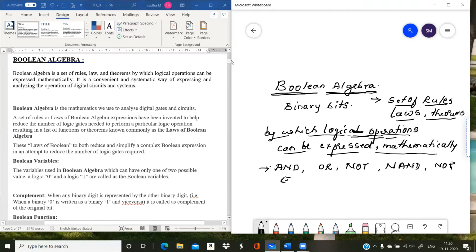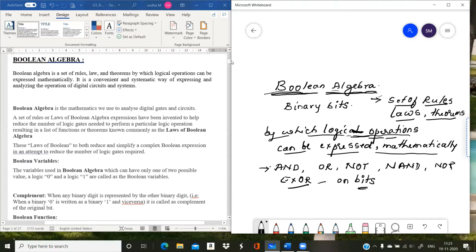Like this, we can perform any number of logical operations on bits, on binary digits, and these are expressed using some expressions. There are a set of rules, laws and also theorems to express that, which come under Boolean algebra, or altogether it is termed Boolean algebra.